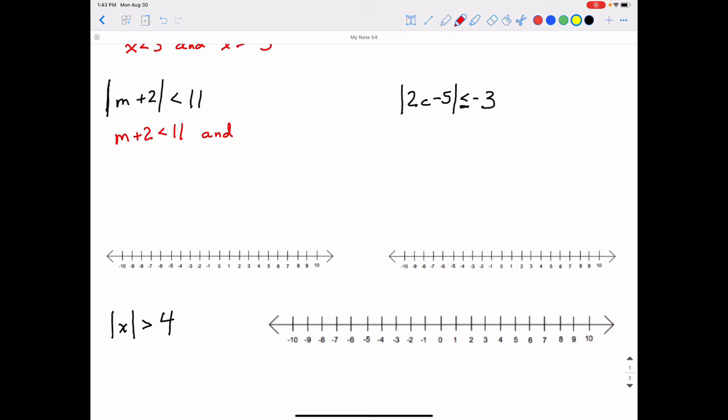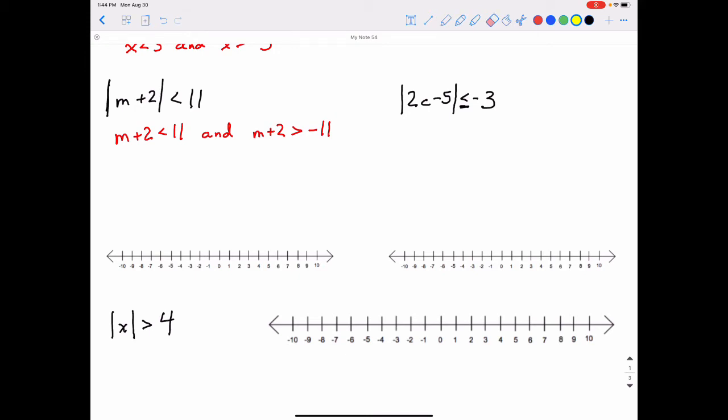And then I'll write it again. M plus 2 could be greater than negative 11. And notice that when I changed it to negative 11, I flipped the sign. Very much like when you divide or multiply by a negative number, you flip the sign. With absolute values, when you change the second part to negative, you also flip the sign.